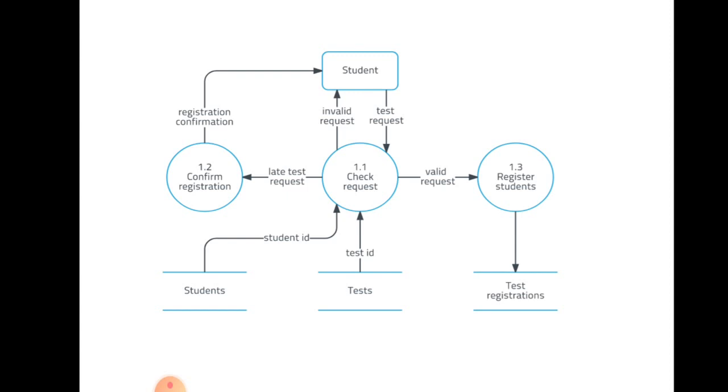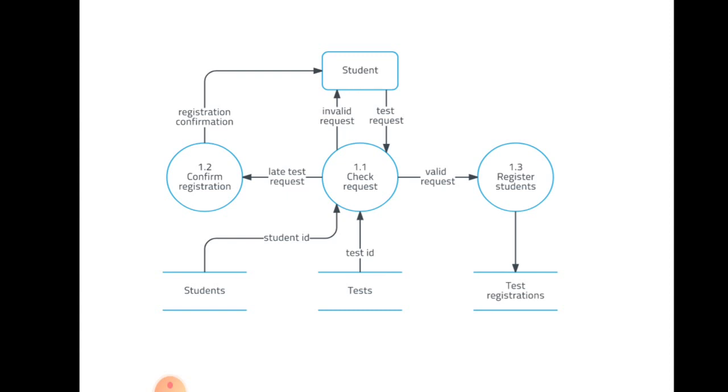The register students process gets information from the test registration data store, which contains the information about all registrations. The test data store gives the test ID to the check request process, and the students data store gives the student's ID to check request.